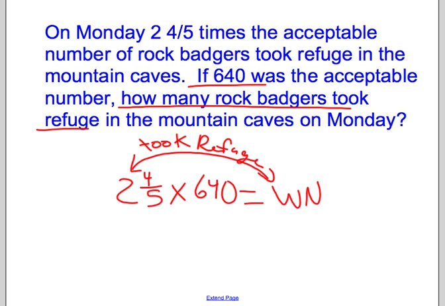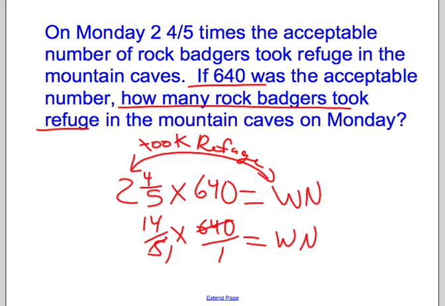Change your mixed number to an improper fraction. 14/5 times 640 over 1 is your result. Do some reducing. 5 and 640 is 128, and 128 times 14.